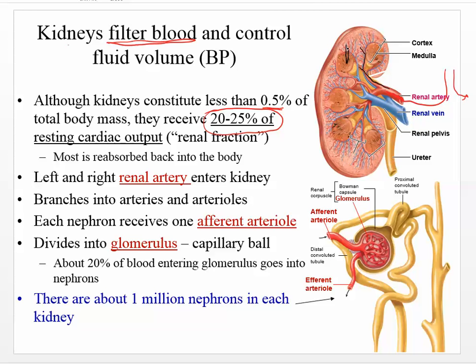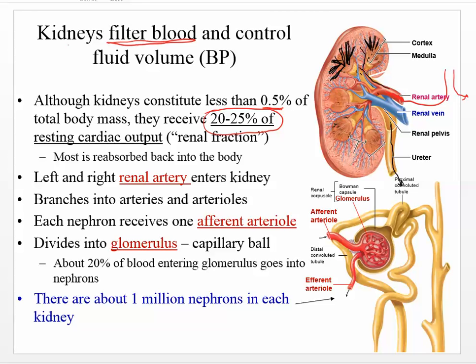The nephrons sit kind of like this. If we were to draw them, they would sit down here and point down into the pyramids or the medulla of the kidneys. Then those will drain into the calyces and the pelvis of the kidney, and then down through the ureter to the bladder.